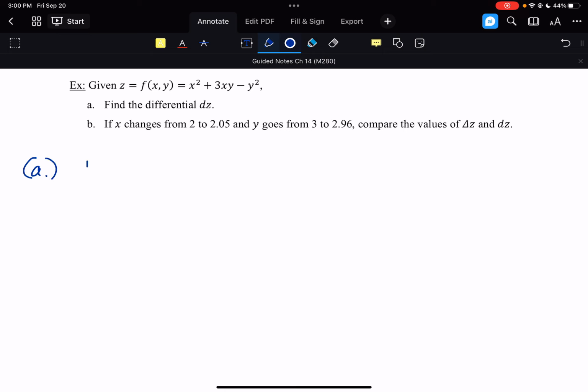So for part A, we have dz. We're going to get f sub x of x y dx plus f sub y of x y dy.